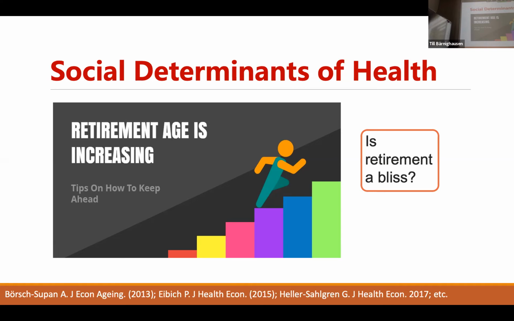And he brought up raising the retirement age. Actually, there is mixed evidence. We are still unclear about whether retirement is good or bad for your health. There are several other papers.